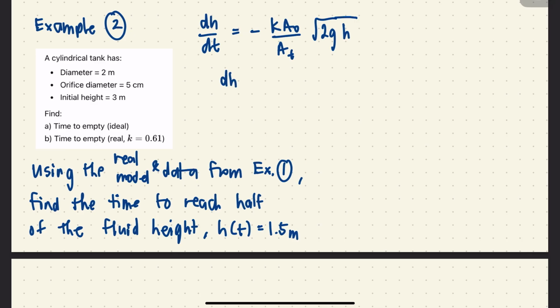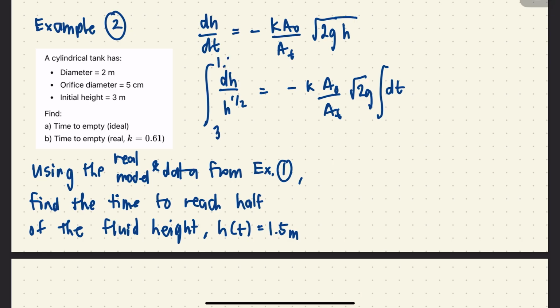We get dh and we put the square root of h here is equal to negative K A sub o over A sub t square root of 2g dt. So we integrate from 3 to 1.5 and then from 0 to t. It will be pretty much the same thing. Let's move it on the other side.